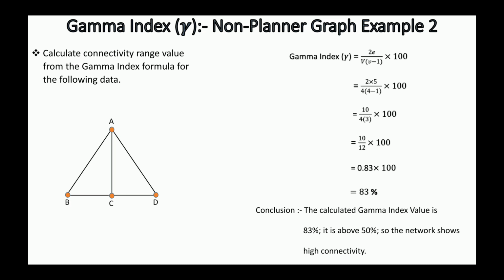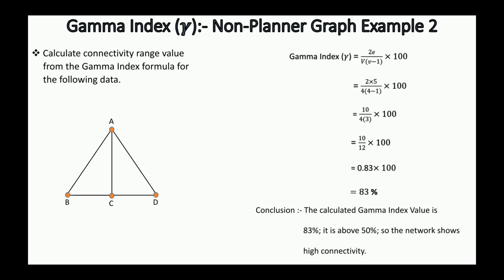Now we see the second example of non-planar graph gamma index value. See the diagram. There are 5 edges and 4 vertices. We put the figures in the formula: 2 multiplied by 5 divided by 4 in bracket 4 minus 1 multiplied by 100, and the answer is 83%.